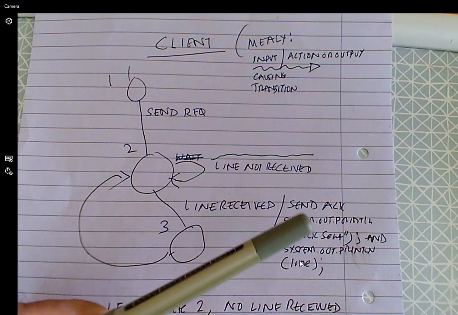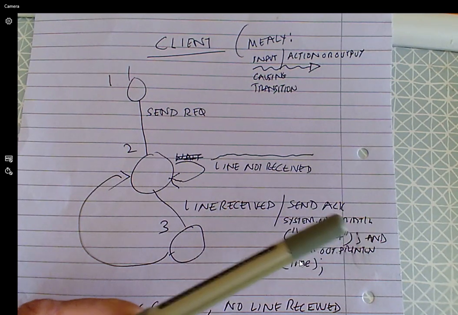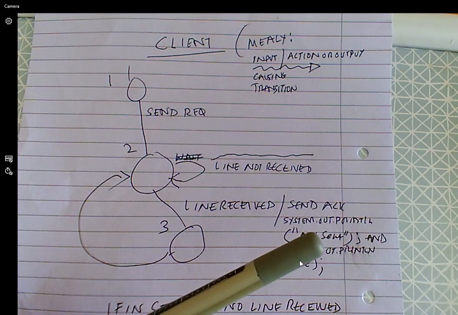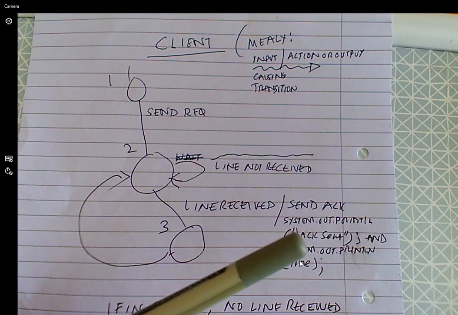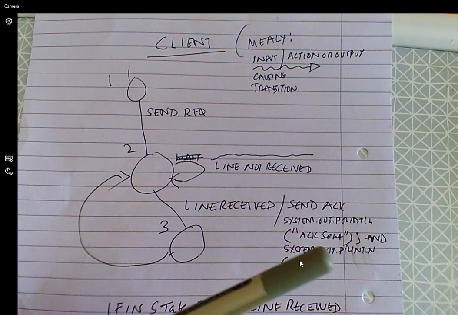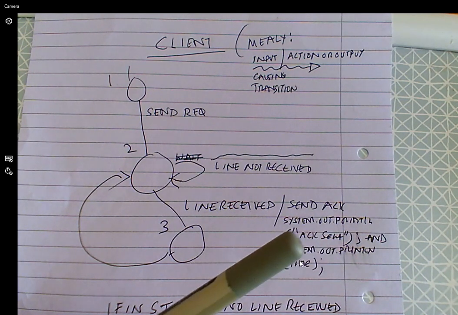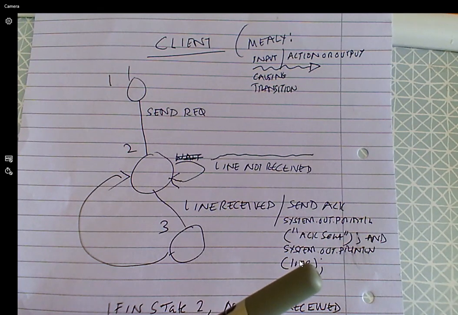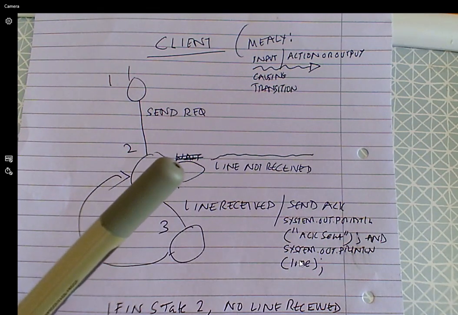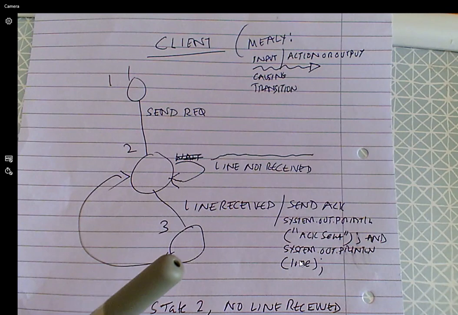And you can, if you want to, it's an optional thing, send out the message to the user of the client, that you've sent an acknowledgement, and also you could print out the line that's just been received. And you change state from 2 to 3.